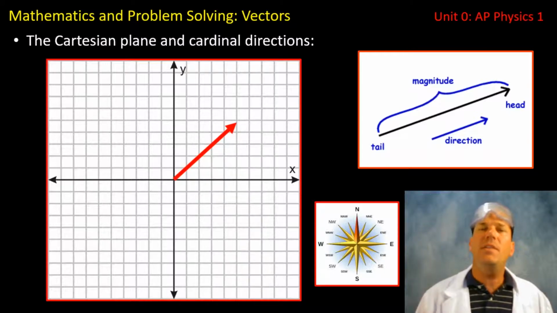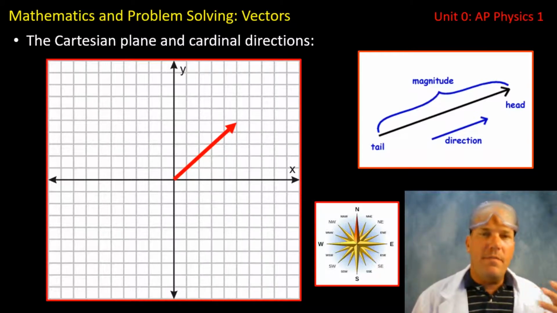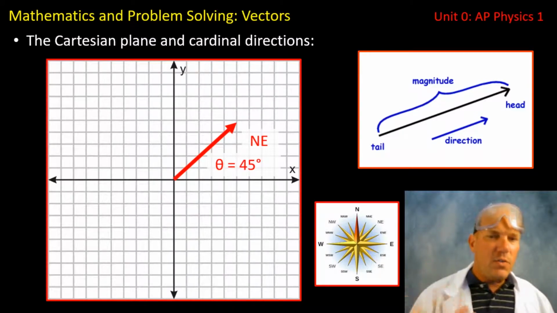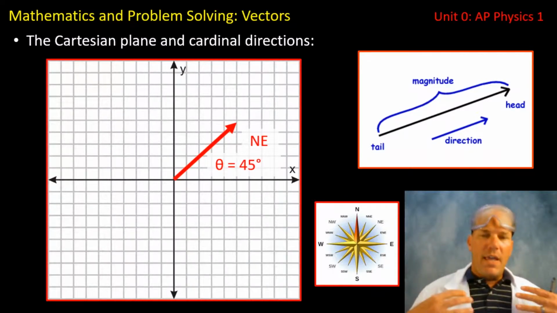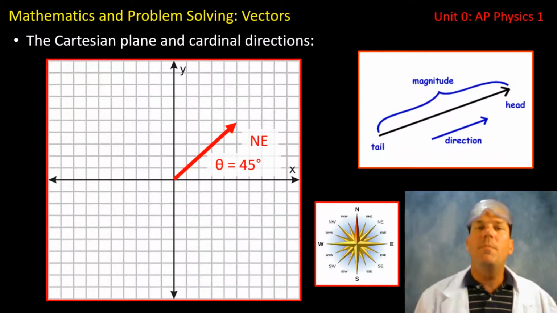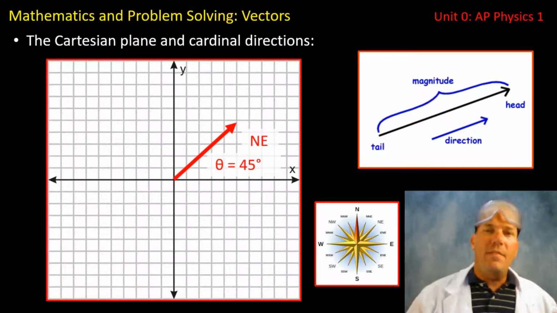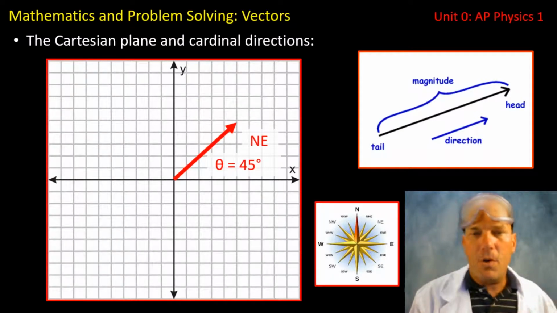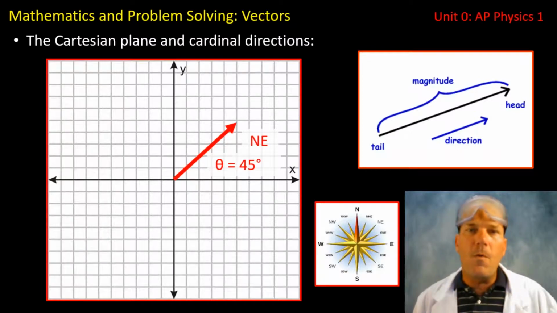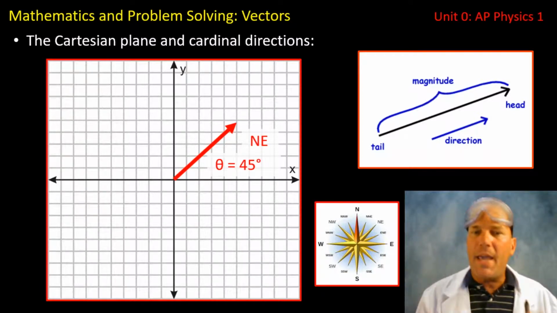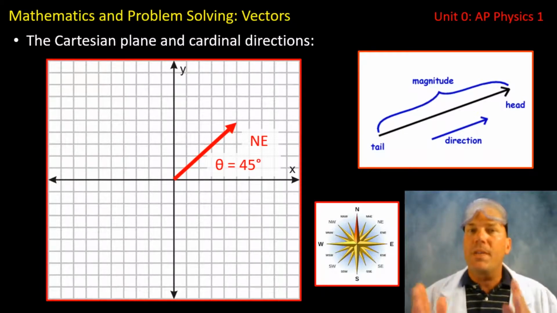So in this case here, we have a vector quantity that can be described as a given magnitude, and then the direction would be 45 degrees, okay? Now on the Cartesian plane, for cardinal directions, 45 degrees can also be referred to simply as, in this case, northeast.